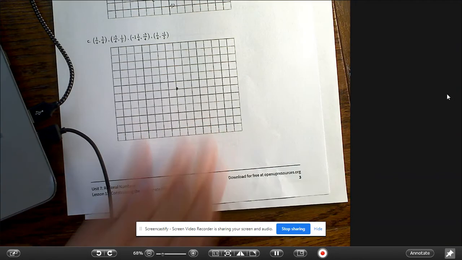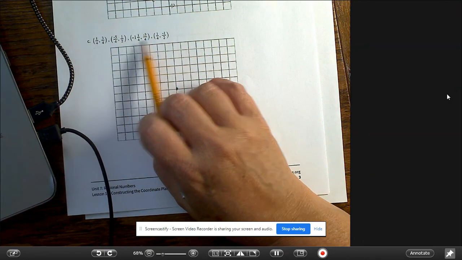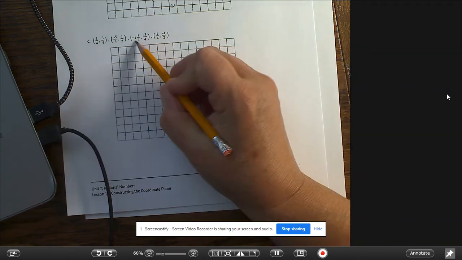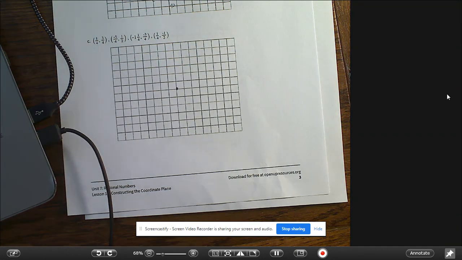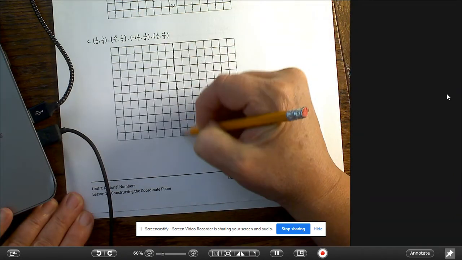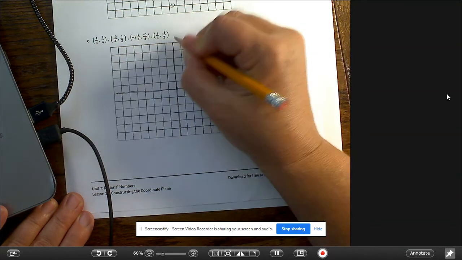Let's look at the one with the fractions. Okay, so these are going by fourths and then 1/2, which is also like 2/4. And it goes down to -1 1/4, which is -5/4. So we're going to count by fourths. So I'm going to put my axes in. So here's x and here's y.